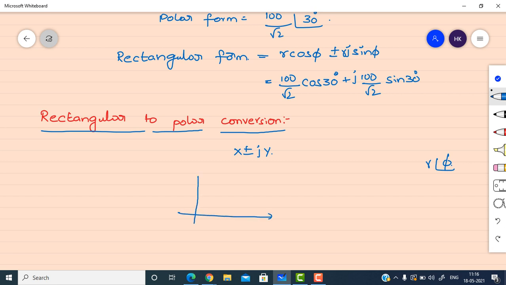In the rectangular form, how can we represent the x component and y component? This is the x component and this is the y component. By using these two, we can find this hypotenuse, that is under root x square plus y square. From the right angle triangle only I am writing.